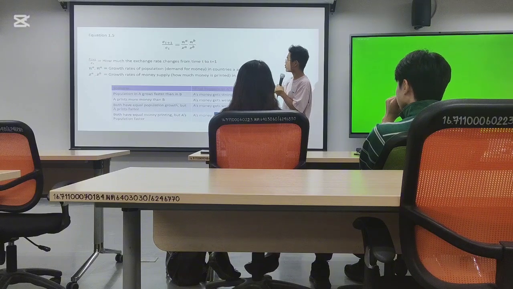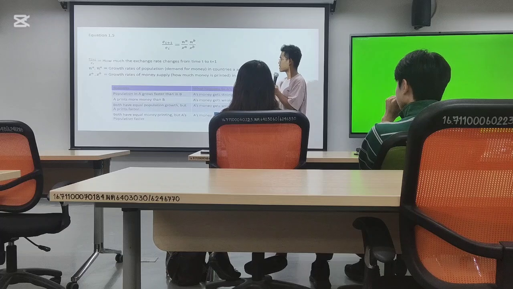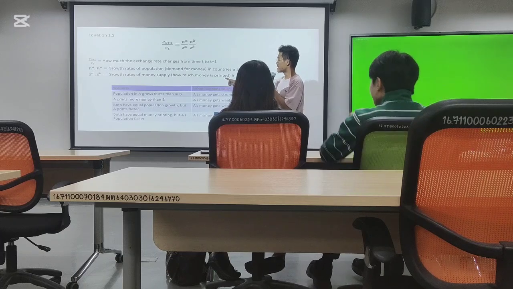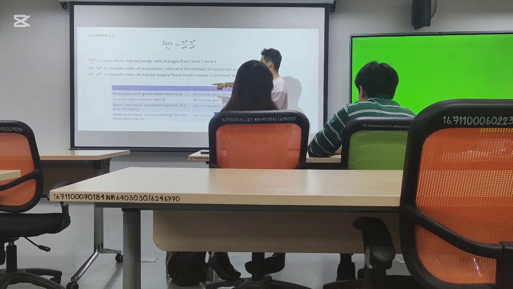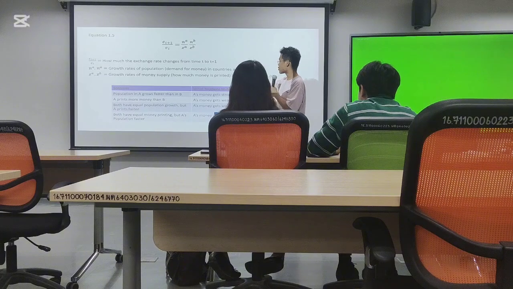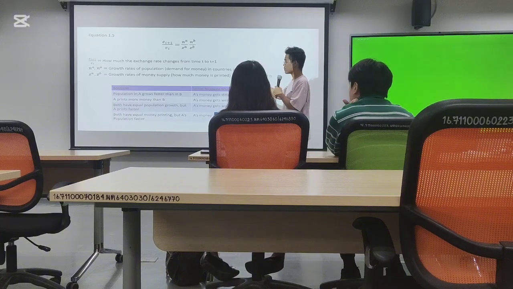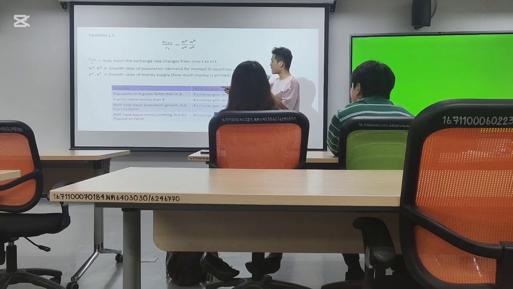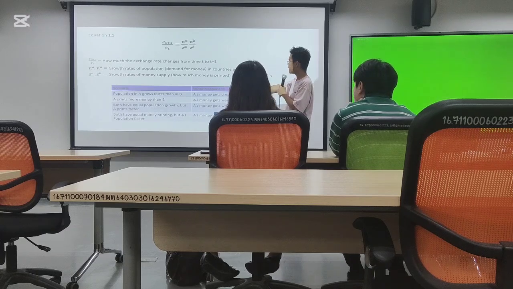So here is the scenario, just a simple example to understand this. If the population in A grows faster than in B, country A gets a stronger currency. When A prints more money than B, A's money gets bigger, so we call it depreciation.